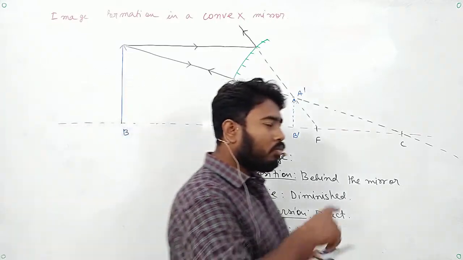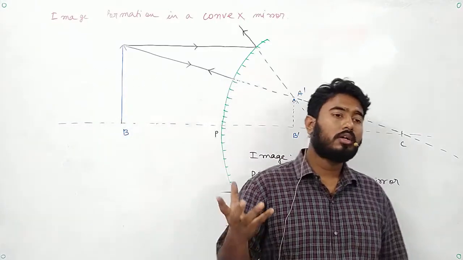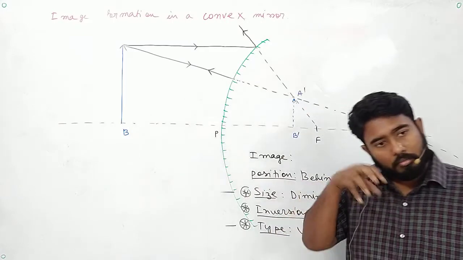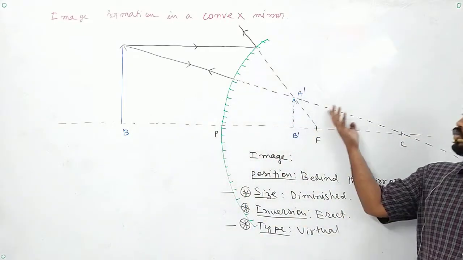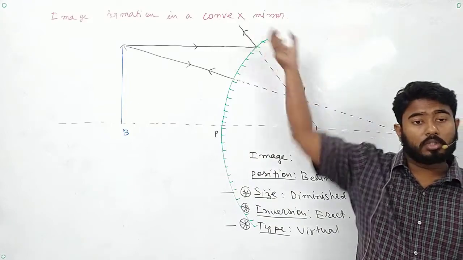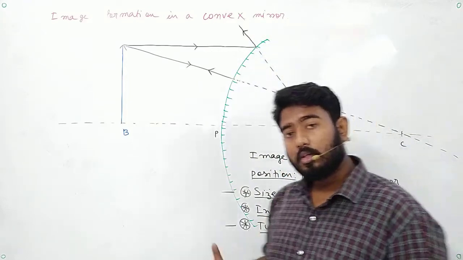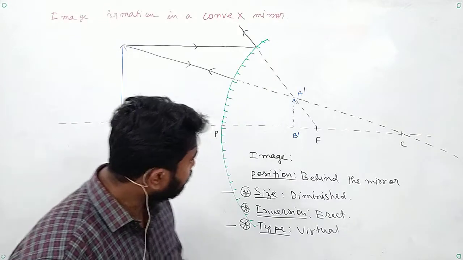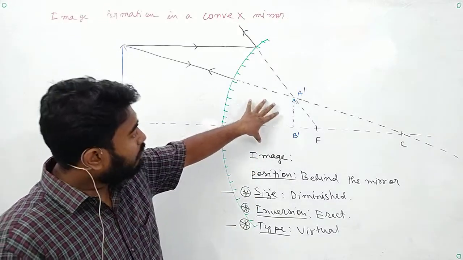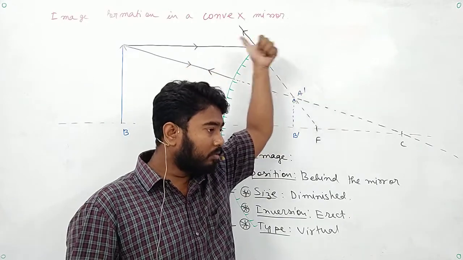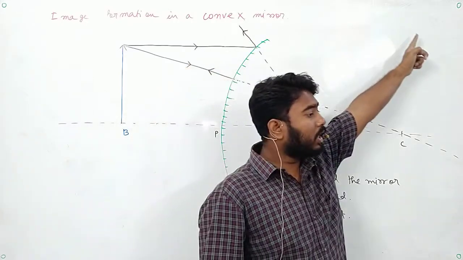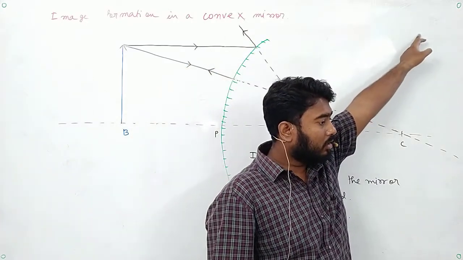See, we have also got a virtual image in a concave mirror. We have got a virtual image in a convex mirror also. Then what is the difference? The concave mirror, the previous case, formed the image bigger than the object. Remember, it was here.